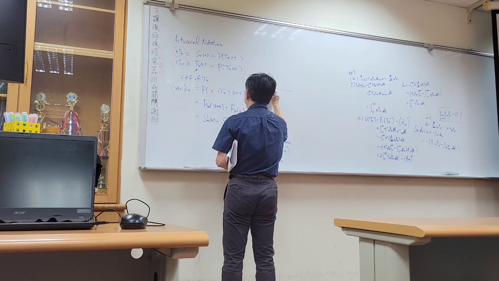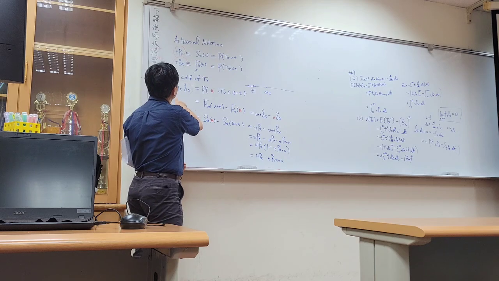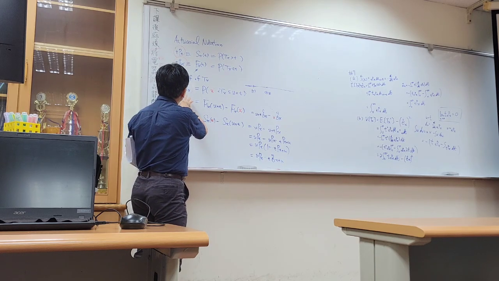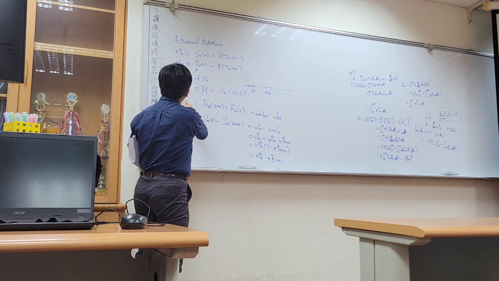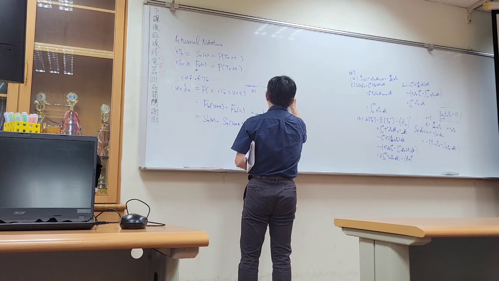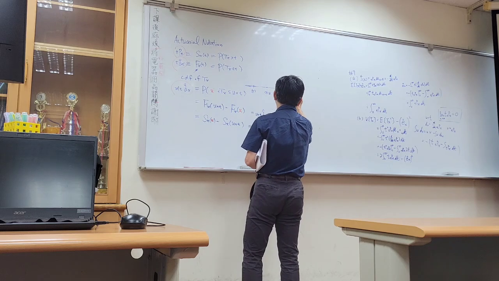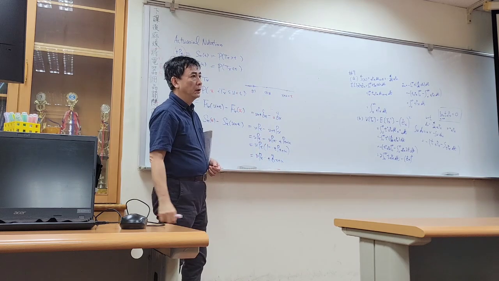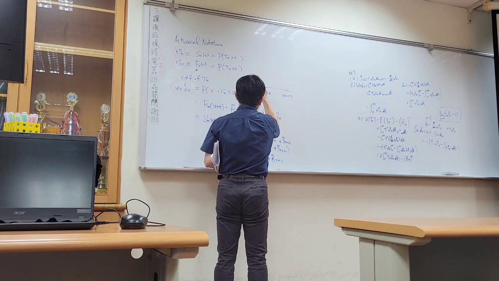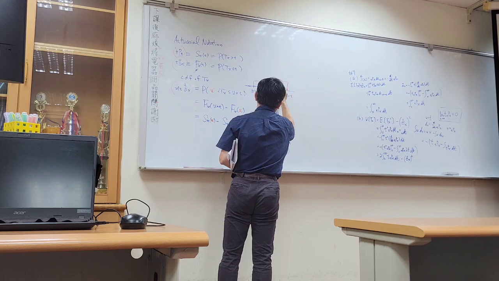It survives to at least X plus U. However, it dies between X plus U and X plus U plus T. Okay, so it survives at least to here, however it dies within this period.